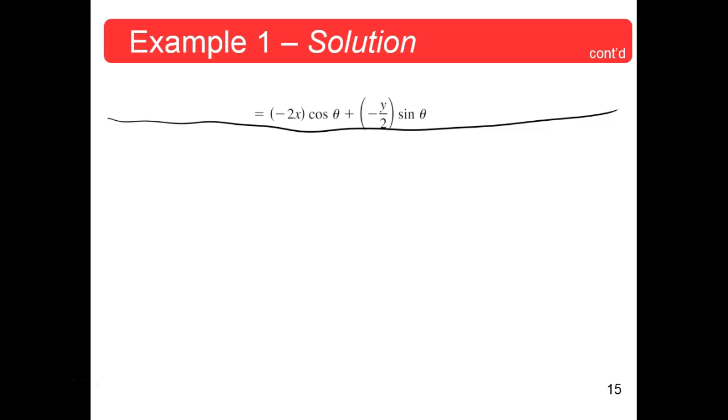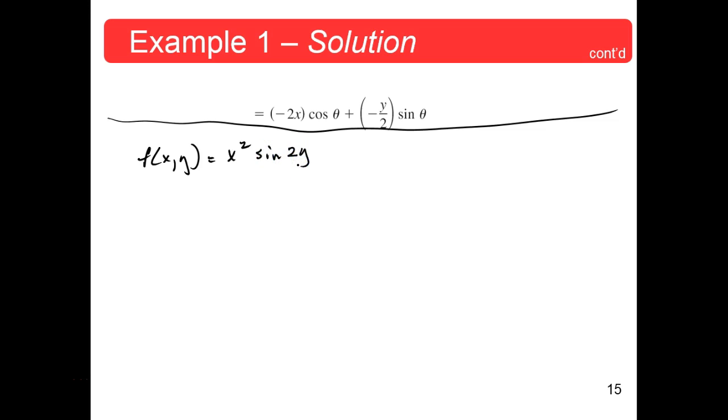So here they say find the directional derivative of f of xy equal to x squared sine 2y.